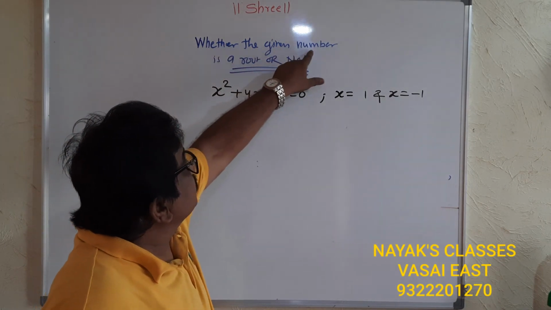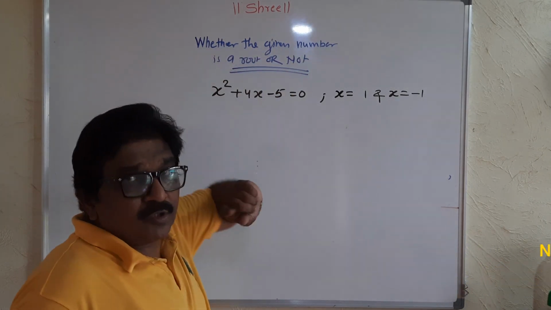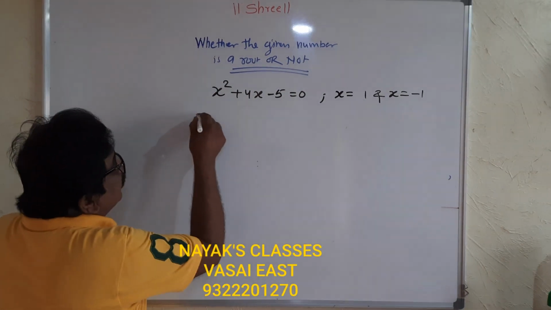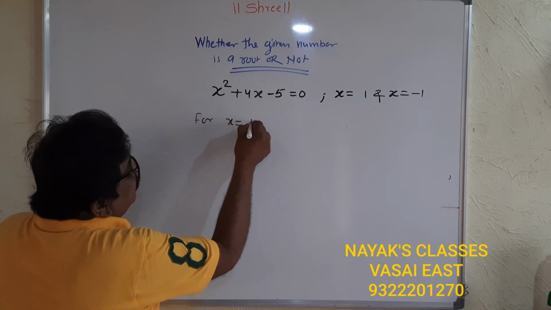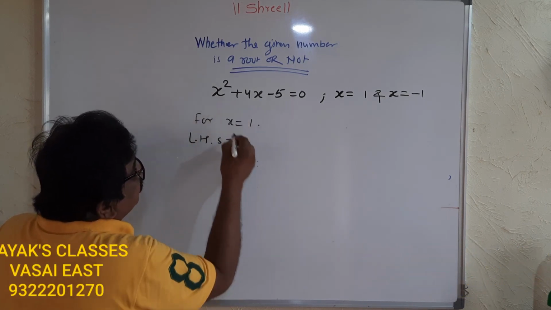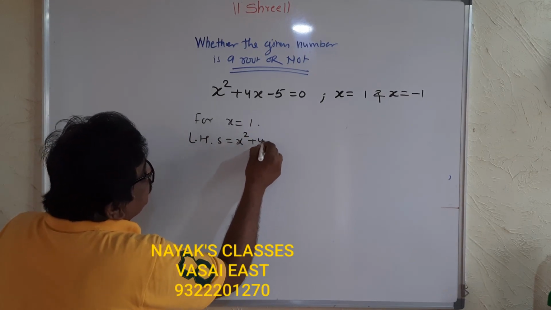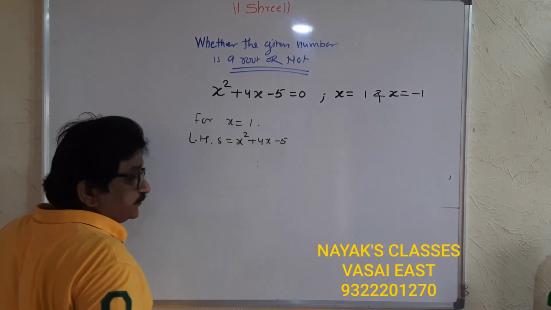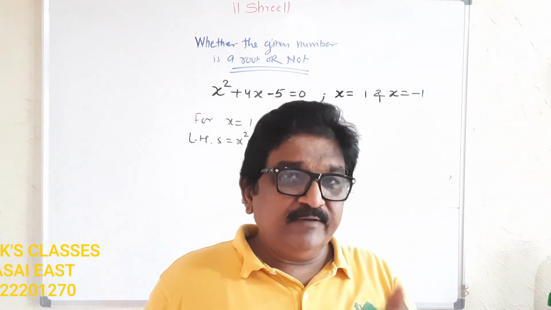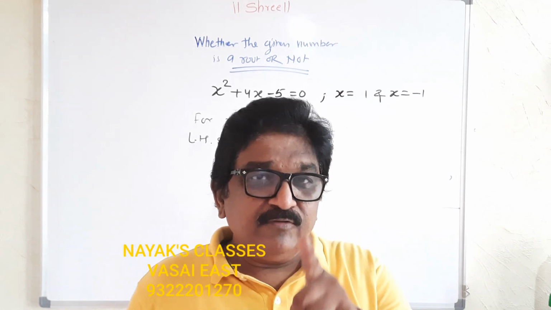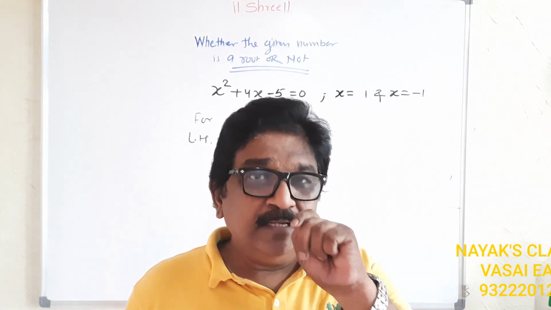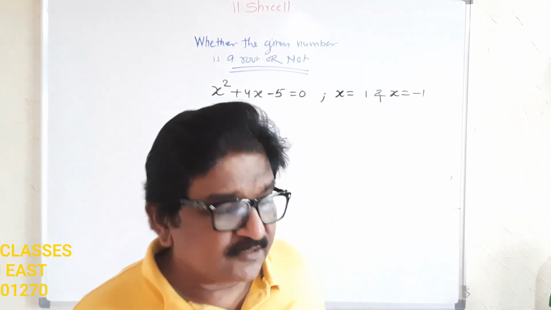For x equal to 1, LHS is x square plus 4x minus 5. We have taken only LHS. I told you they will give an equation and a number. You have to put the number instead of that variable, and LHS must be equal to RHS.